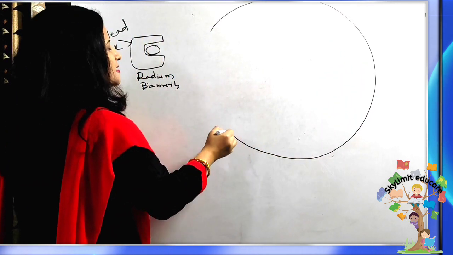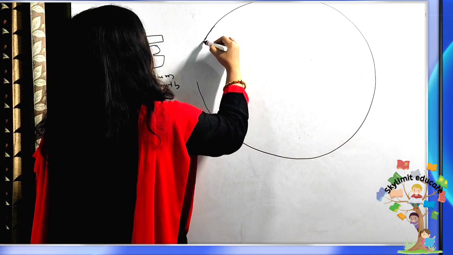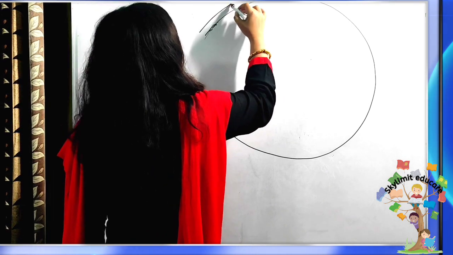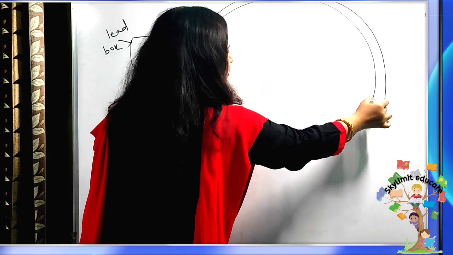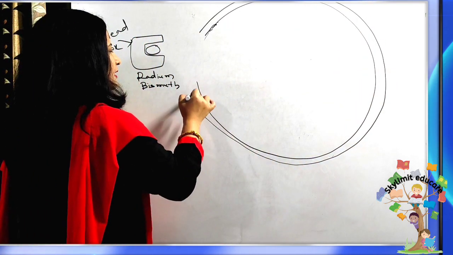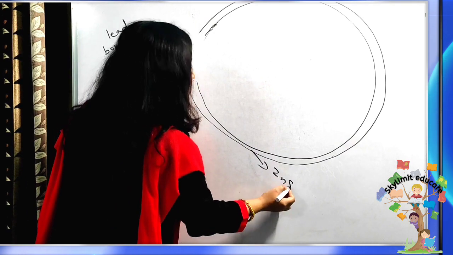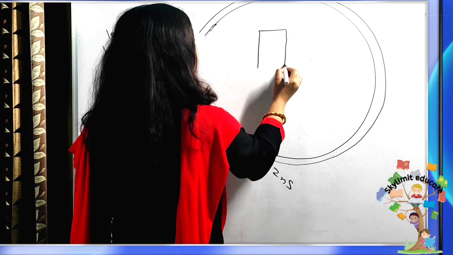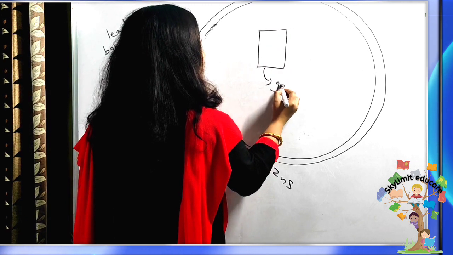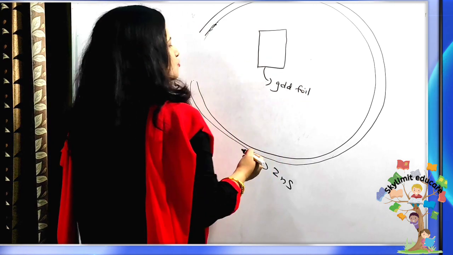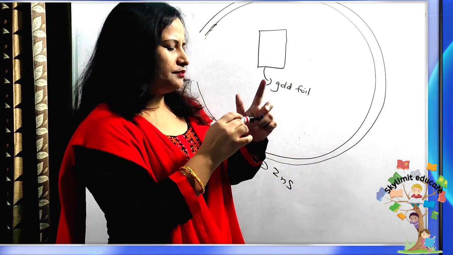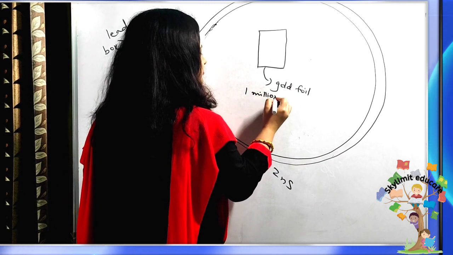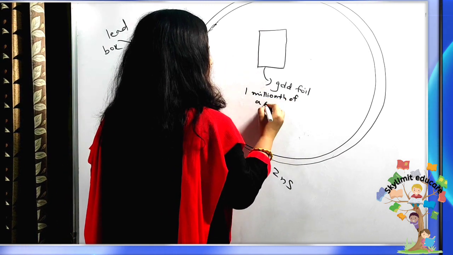This area was completely surrounded by the fluorescent material, or zinc sulfide screen, we can say. Here a very thin gold foil, or you can call it a gold sheet, was used, and the thickness of the gold foil was around 1/1,000,000th of a centimeter.